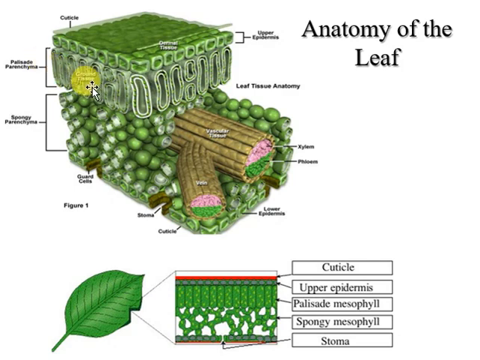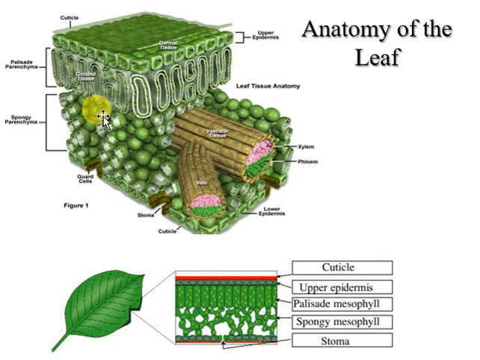So you have your palisade parenchyma and the spongy parenchyma. Together they form your general parenchyma or the mesophyll. Your mesophyll is where chloroplasts and chloroplast-containing cells are largely found.